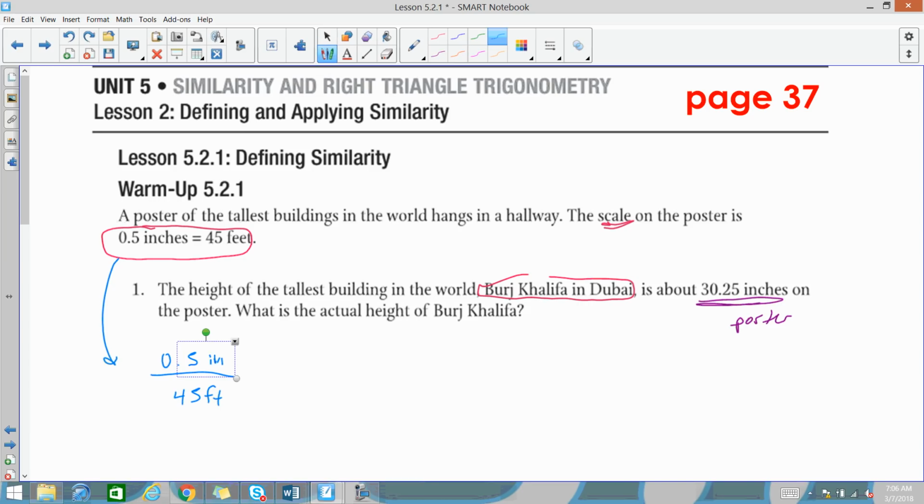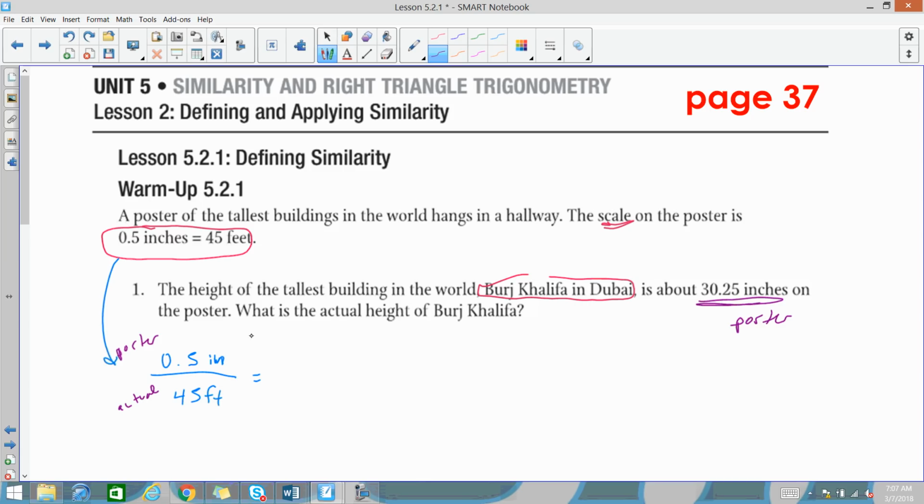Now, the reason we do it like this is we're going to create equal ratios, or basically create a proportion. All right, a half of inch equals 45 actual feet. So what we're going to do, half of inch is the poster. So poster is on the top and actual is on the bottom. So they tell us that the poster in the school is 30.25 inches.